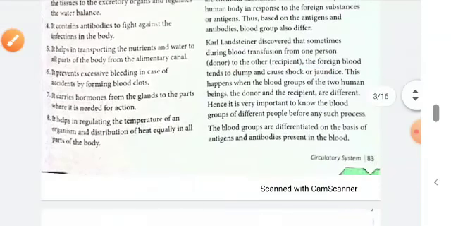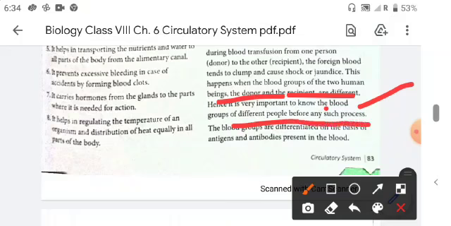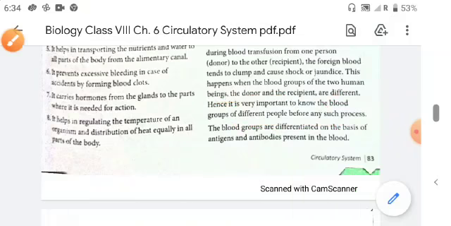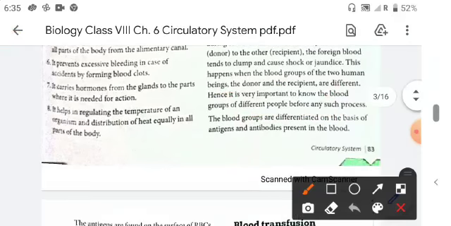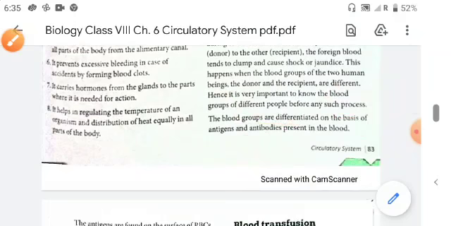This happens when the blood groups of the 2 humans, the donor and the recipient, are different. Hence, it is very important to know the blood groups of different people before any such process. Blood groups are differentiated on the basis of antigens and antibodies present inside our body.